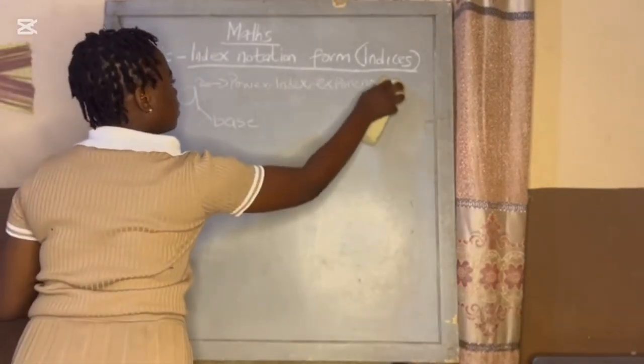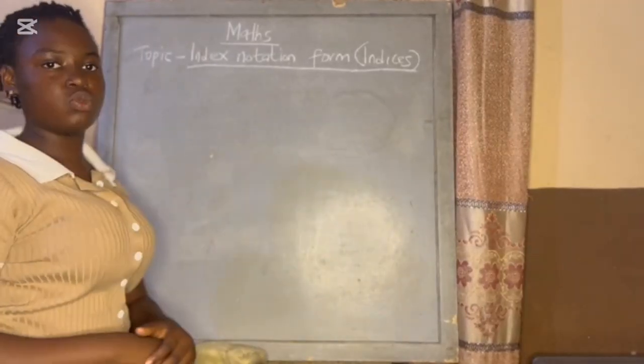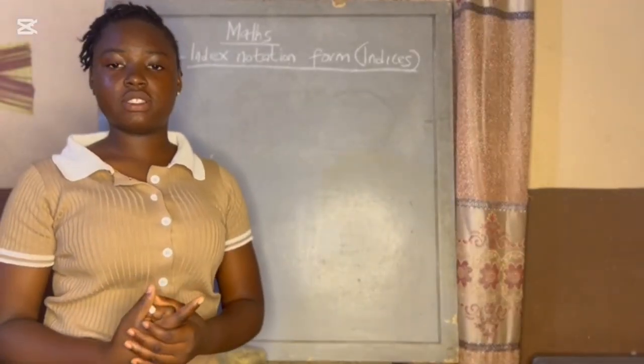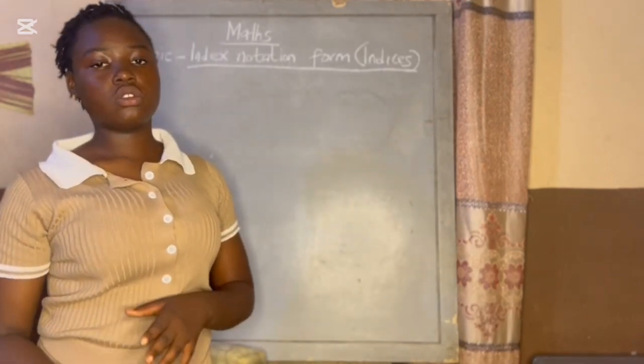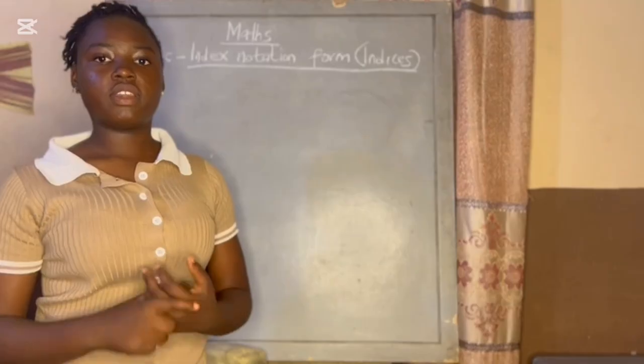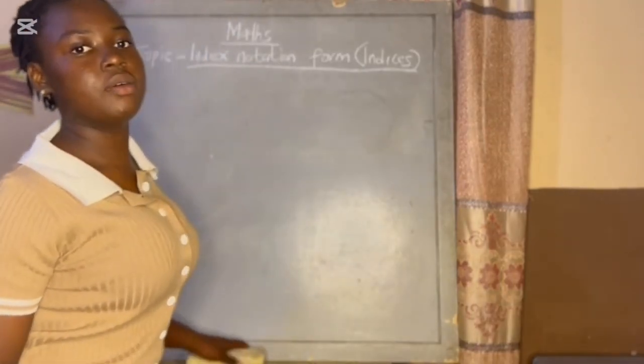So we are going to be looking at some examples in indices. We have 5 laws in indices, which are the multiplication law, division law, the negative index, the power law, and the zero law. So we are going to be treating all of them.